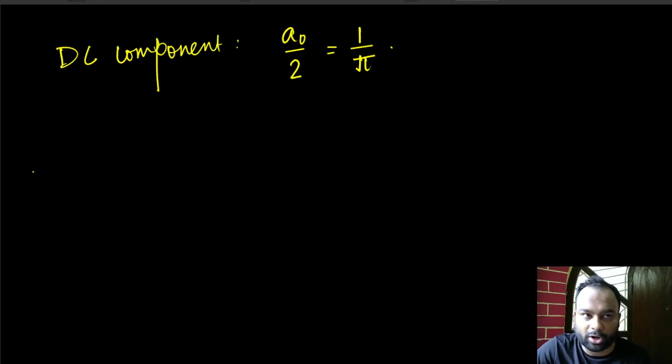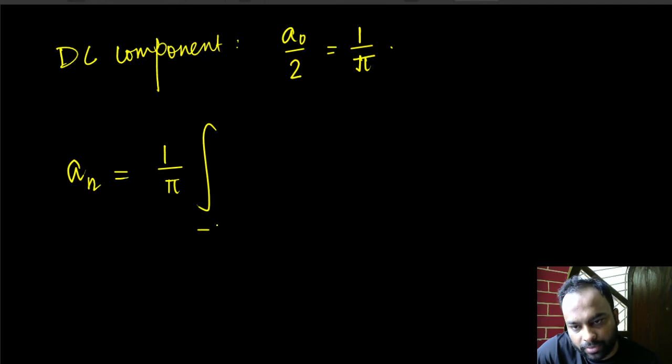Now let's calculate the even components present in the signal, the cosinusoidal components. That's given by an. So what is an? an is 1 by pi integration from minus T to T. Here again we are not calculating from minus pi to pi, because the signal has a period from minus T to T, so a period of 2T.